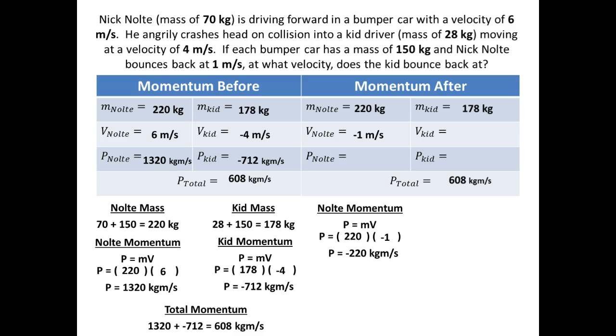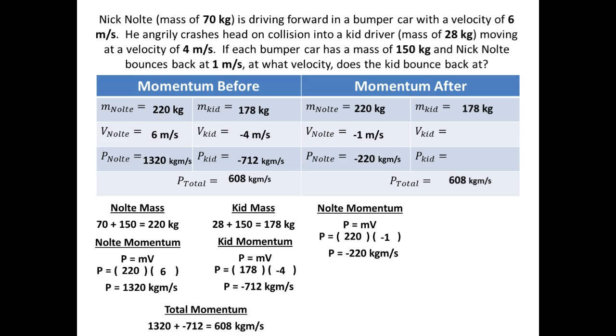Every time that you calculate an answer with these little calculations below, it goes directly into the table. At this point, we have Nick Nolte's velocity, Nick Nolte's momentum, but we don't have the kid's velocity. That's what we're solving for. There's not a way to directly go to it, because if you look at the kid's column, we only have one given.